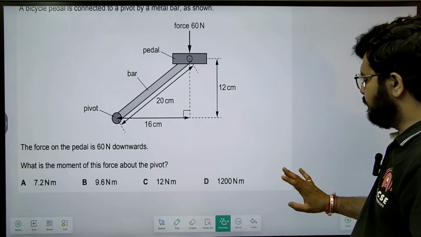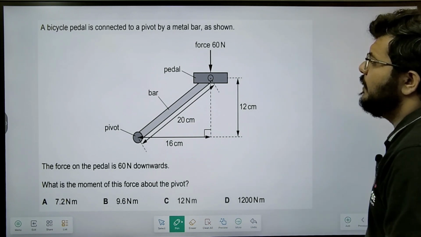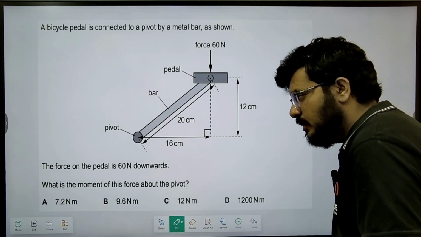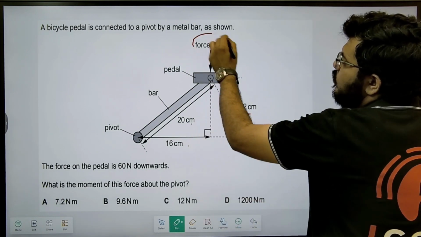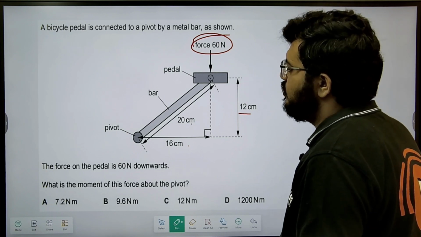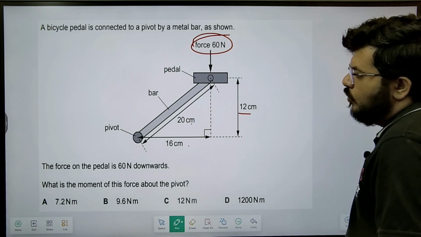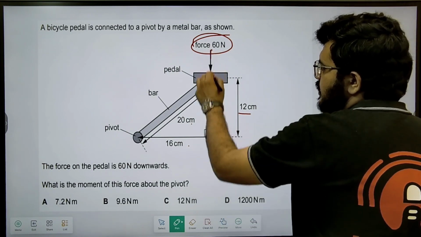Then you have a bicycle pedal connected to a pivot by a metal bar as shown. Okay, 16, 20, 12, and a force of 60 Newton. The force on the pedal is 60 Newton downwards. What is the moment of this force about the pivot? Now see, this is the direction of force.